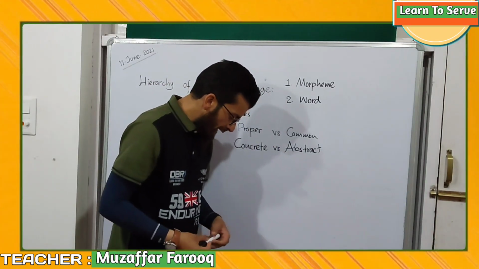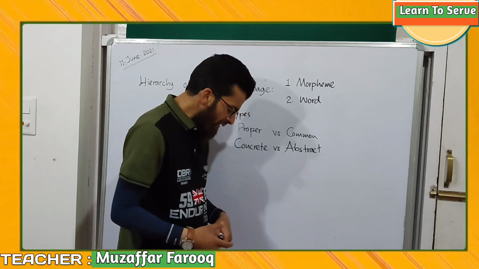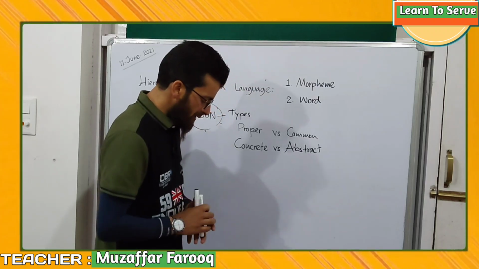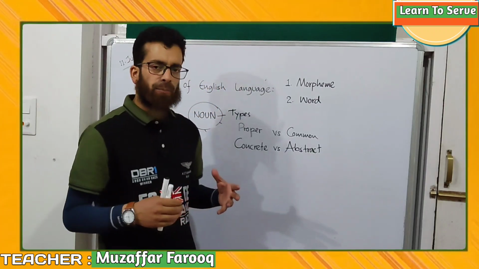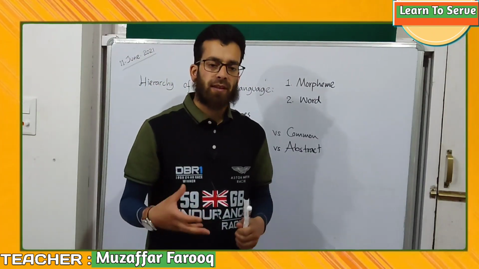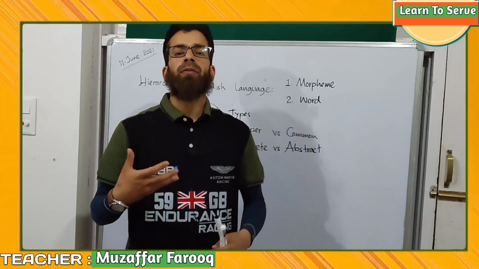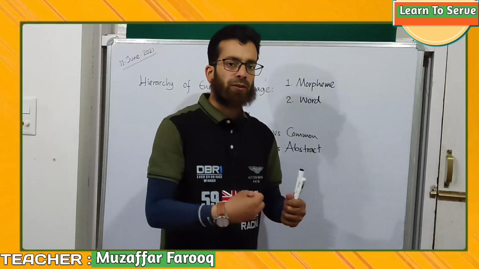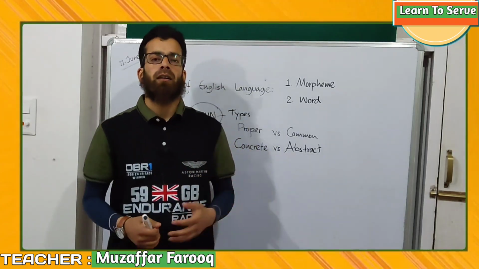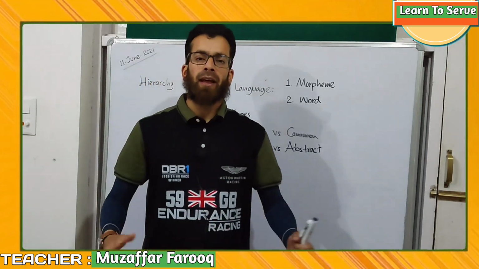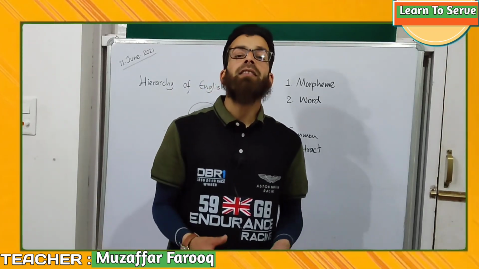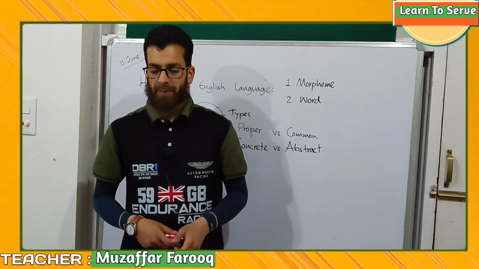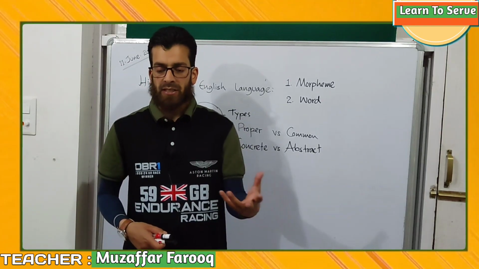And as far as abstract nouns are concerned, these are the naming words which belong to concepts, ideas, which you cannot sense by your senses, which you cannot feel or touch. For example, hunger, anger, happy, sad, sadness.